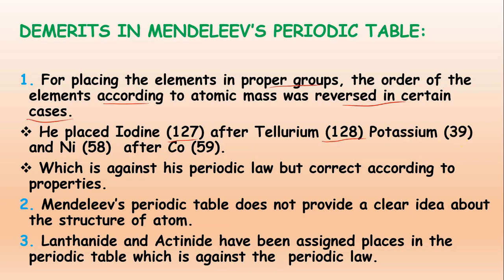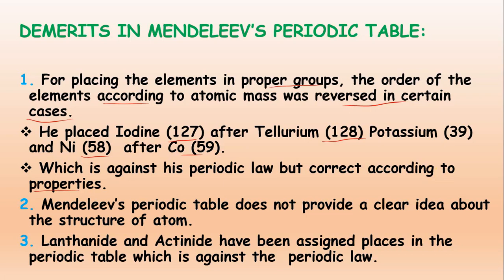And potassium, that is 39, and nickel, 59, was placed after cobalt, which has 59. This is against his periodic law but correct according to properties. According to properties they were placed correctly, but according to atomic mass it was incorrect.